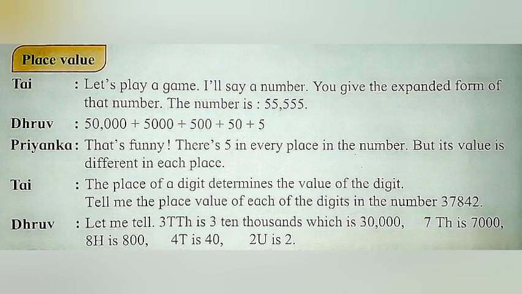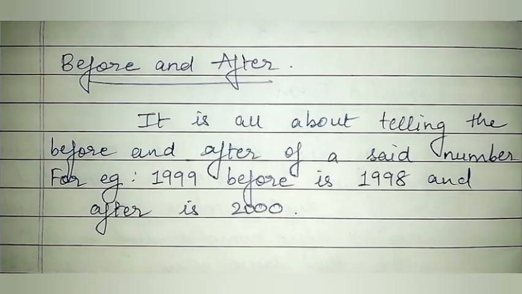So reading out the number or substituting the numbers into those places would help you figure out the places of the value. We have before and after numbers, which we have been learning since our early classes.